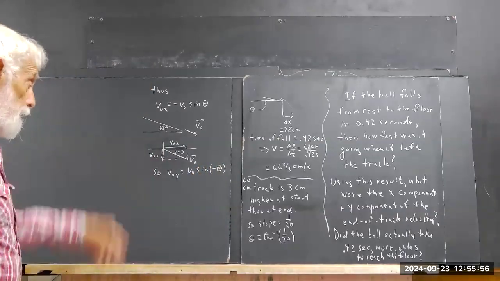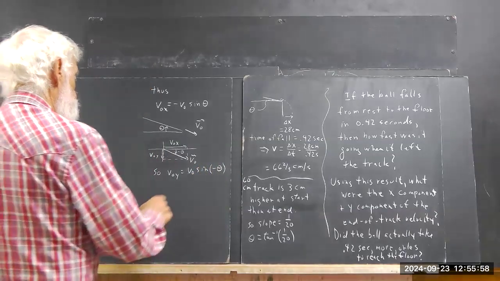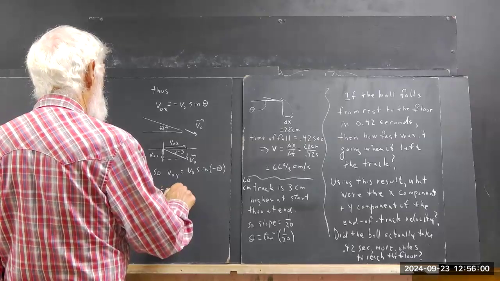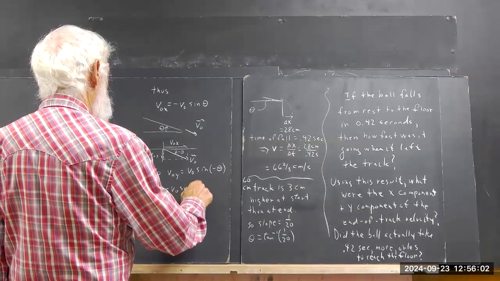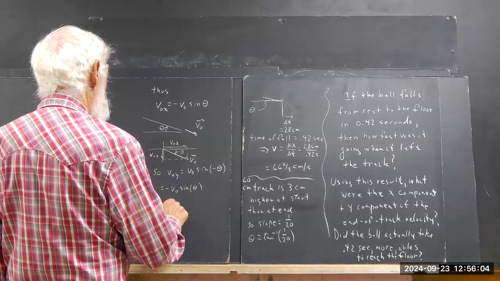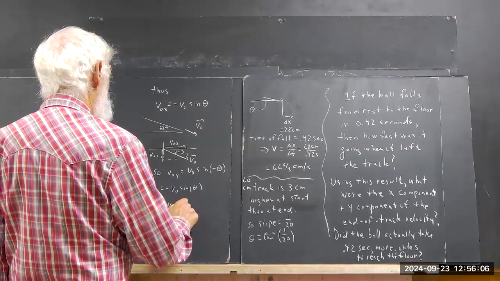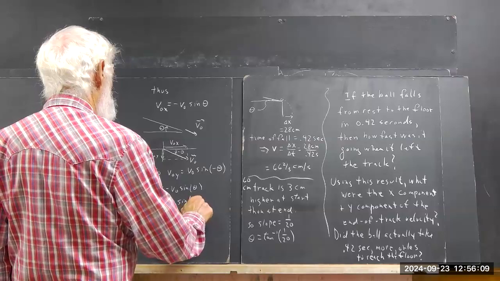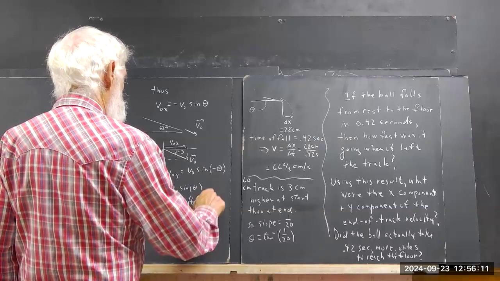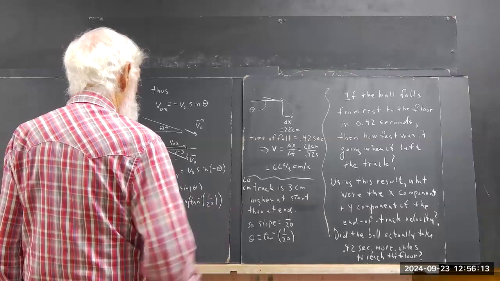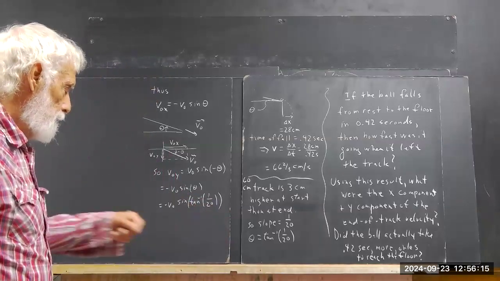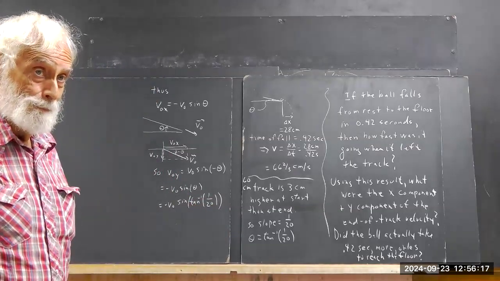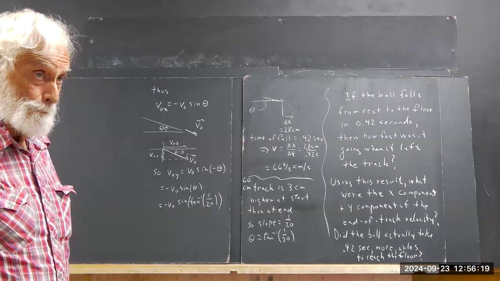V naught Y is V naught times the sine of negative theta, which would be V naught times the sine of the inverse tangent of 1/20th. Right?